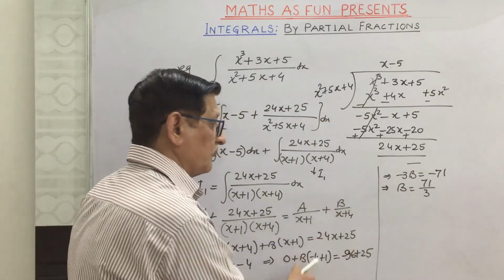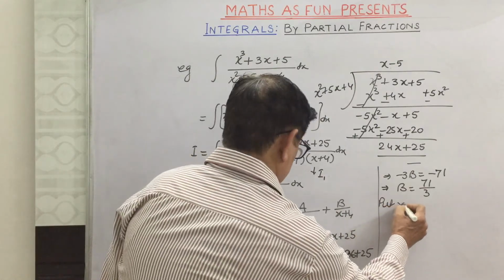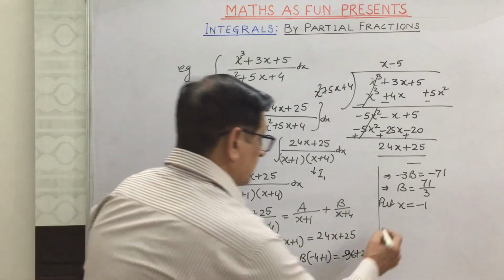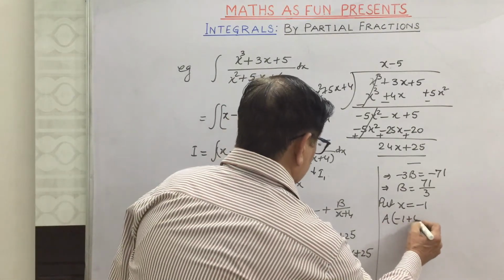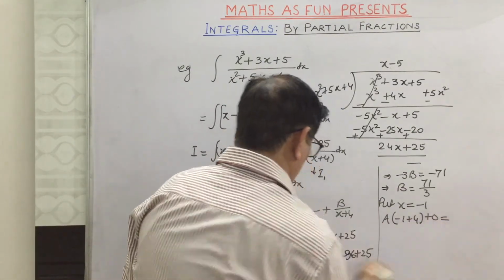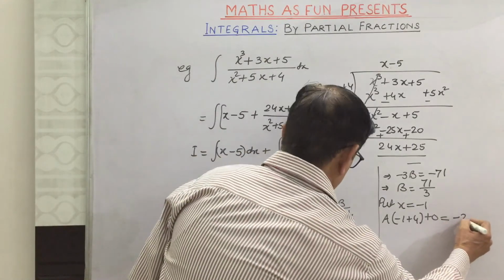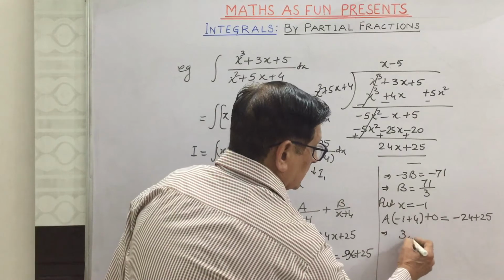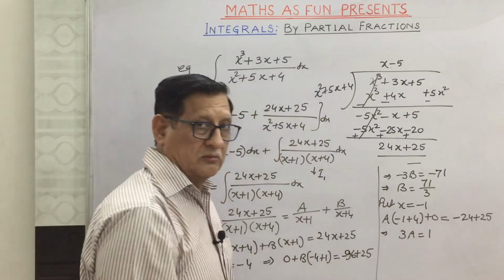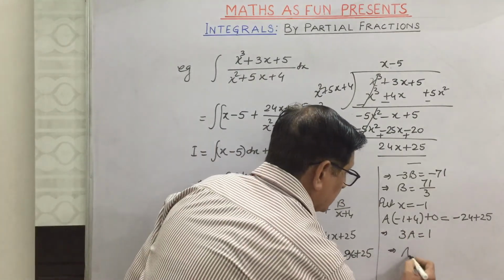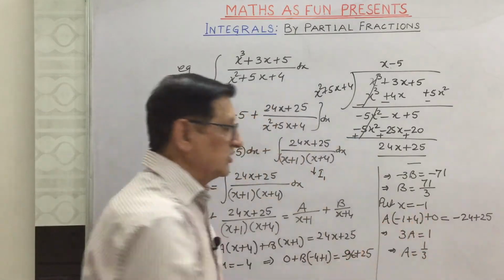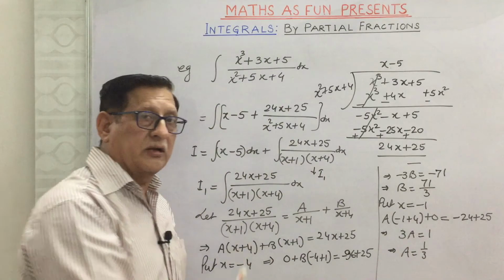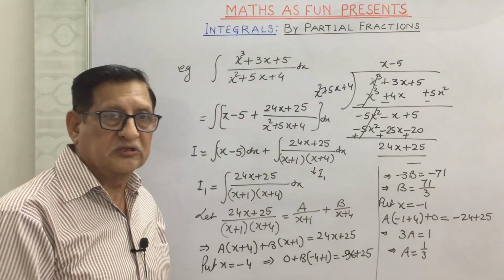After finding the value of b, we put x is equal to minus 1. Then we get here a into minus 1 plus 4 plus 0 equal to minus 24 plus 25, or we can say 3a is equal to 1, or a is equal to 1 upon 3. So we have got the values of a and b both, and next we will integrate this.